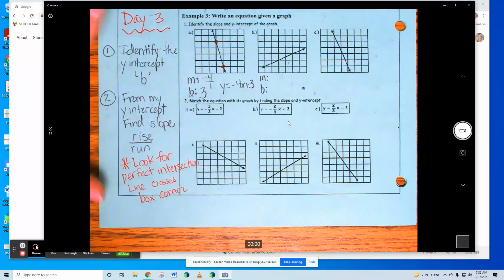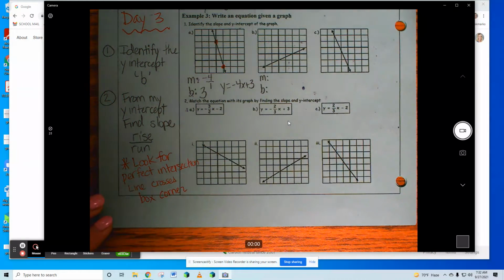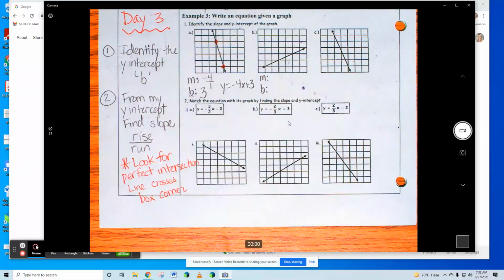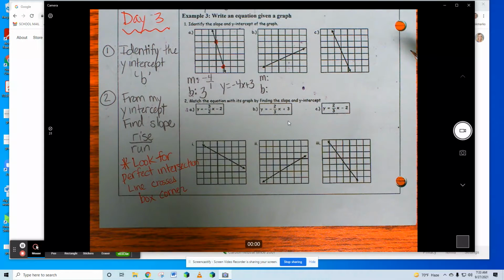Start off by writing m, slope, b, y-intercept. Where's my y-intercept on this one? Table 5. Leah, Anthony, Kang, this helps a lot.